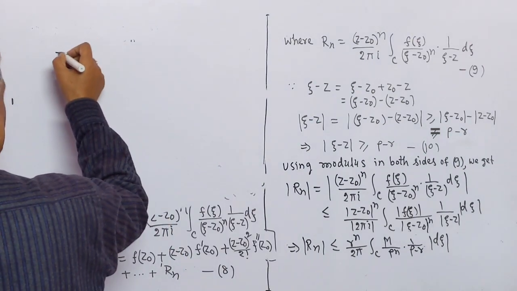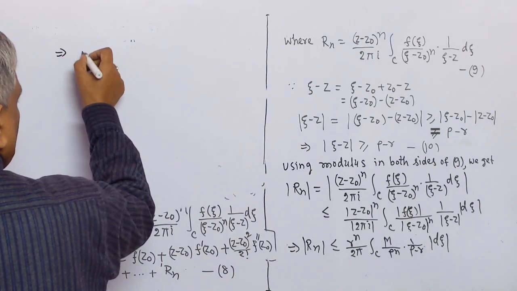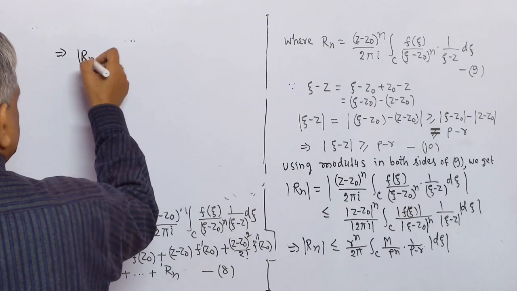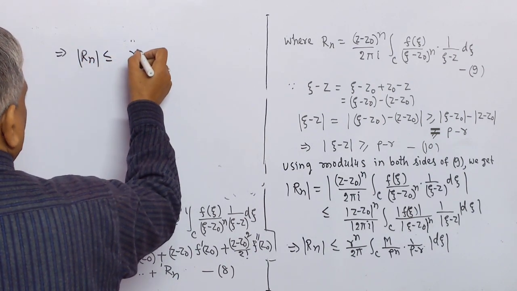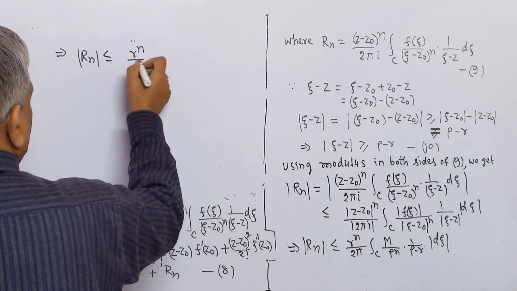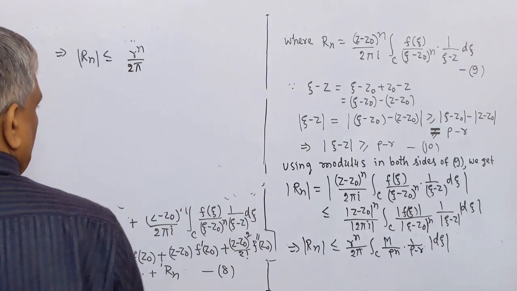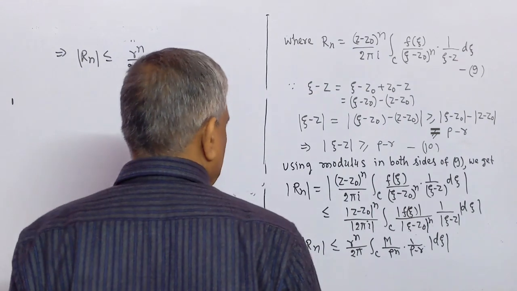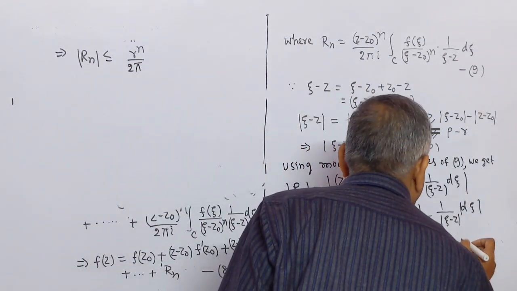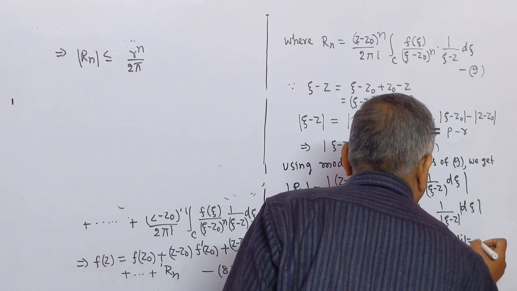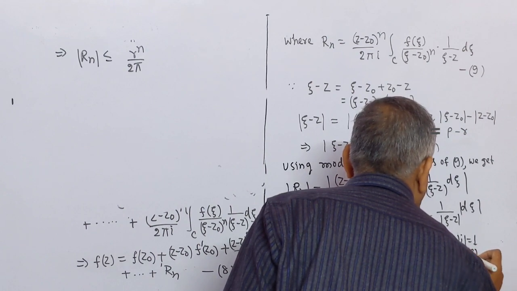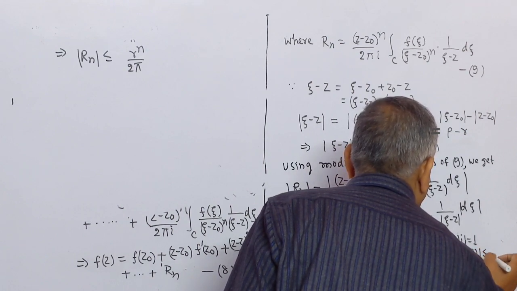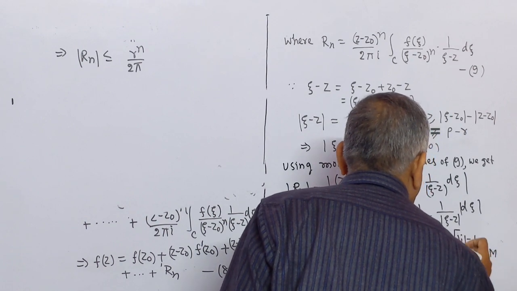which implies that the modulus of Rn is less than or equal to rⁿ by 2π. Here we may write the modulus of i equal to 1, the modulus of f(ξ) less than or equal to M, a positive quantity.